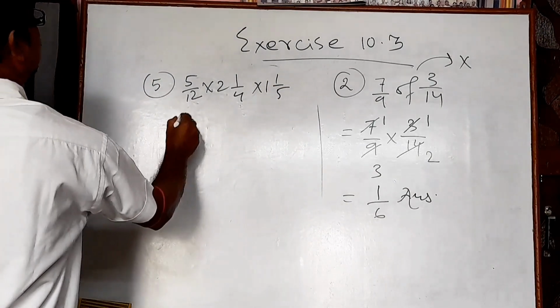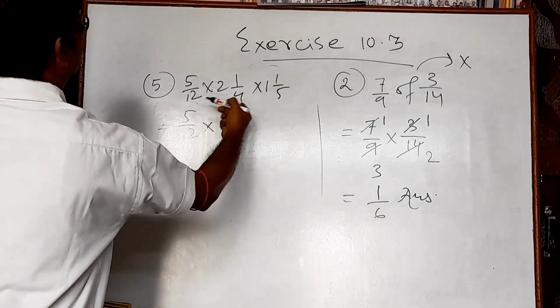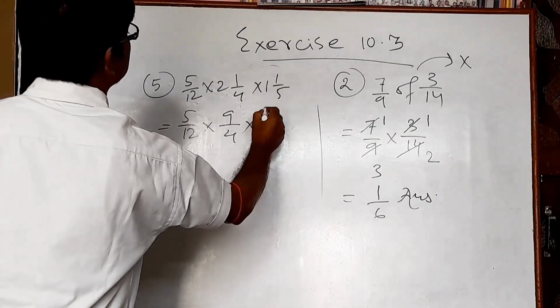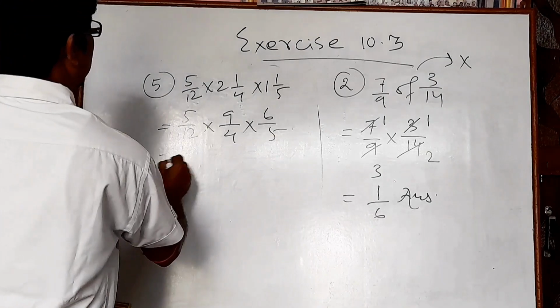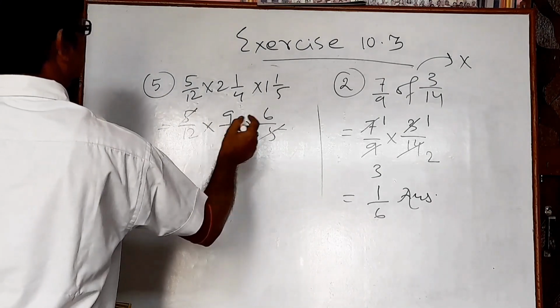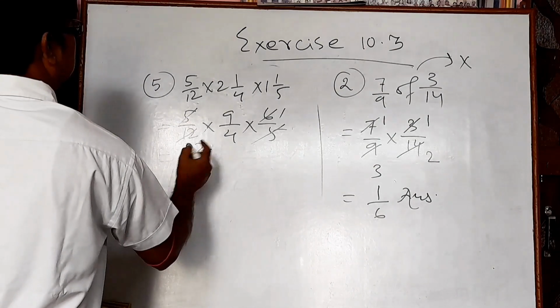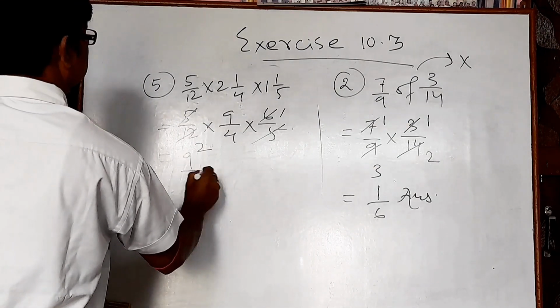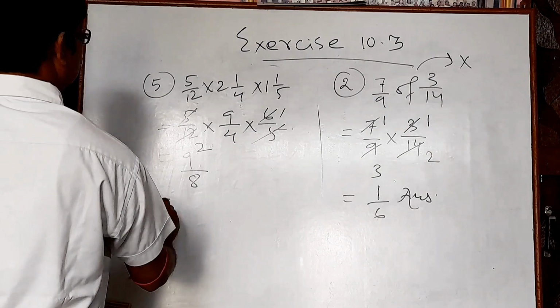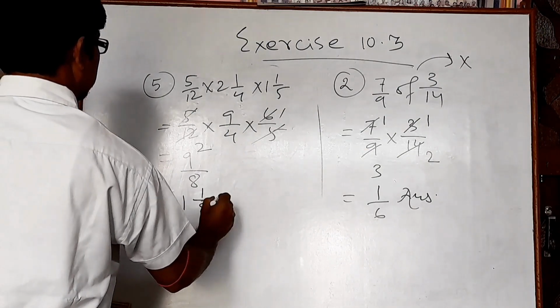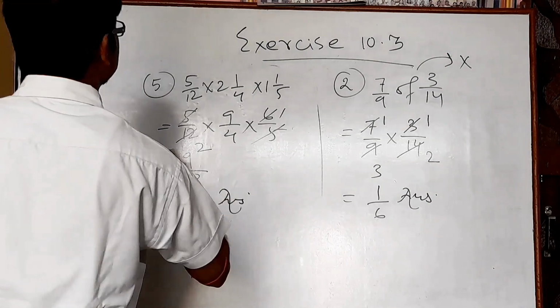So here it is 5 by 12 into 2 4s are 8 plus 1, 9 by 4, into 5 1 is 5 plus 1, 6 by 5. Now 5 5 cancel. 6 1 is 6, 6 2 is 12. It will be 9 by 8. Okay, 9 by 8 means what? 1 whole number 1 by 8.